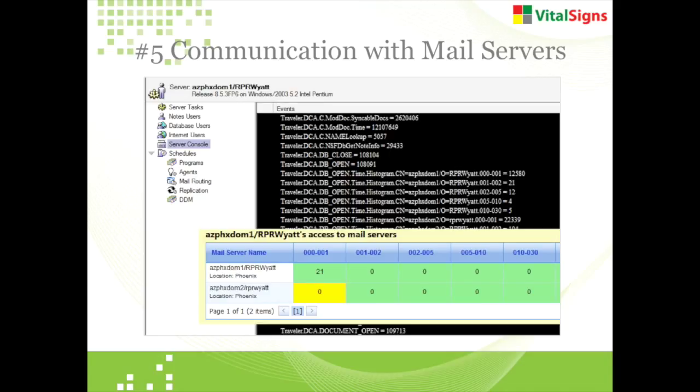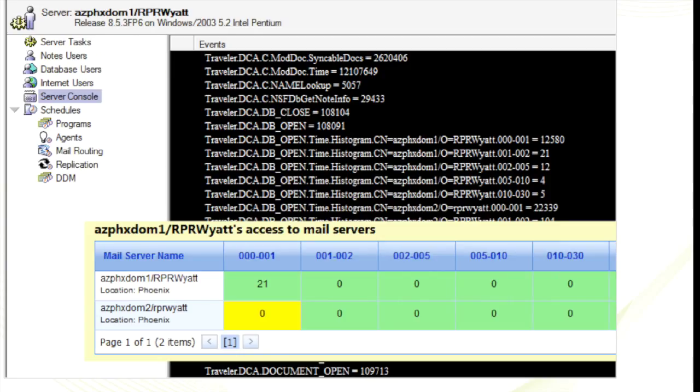Finally, the fifth problem with Traveler servers, which would be detecting that a Traveler server is struggling to communicate with a mail server. What we do is we look at all of those histogram stats, and we remember them between scans, and then we calculate the difference. So, for example, let's say the server was at 100, and 10 minutes later it's at 121.